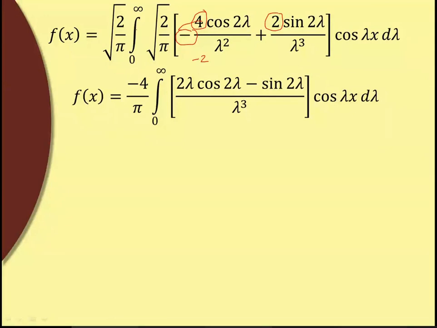Square root of 2 by pi into square root of 2 by pi becomes 2 by pi, into this minus 2 becomes minus 4. So minus 4 by pi integral 0 to infinity 2 lambda cos 2 lambda, after taking minus 2 common, here we get minus sine 2 lambda upon lambda cube. The denominator will be lambda cube, so we multiply here by 1 lambda term. So this is the Fourier integral representation.